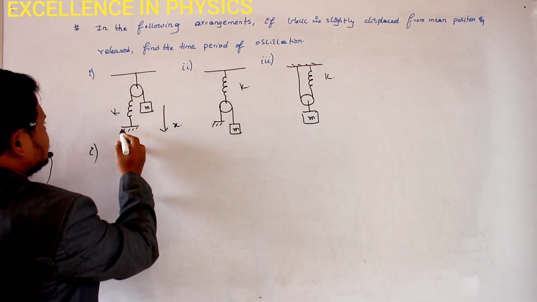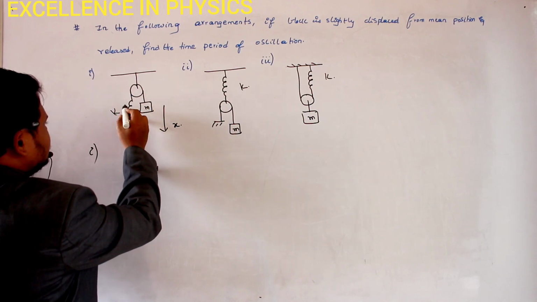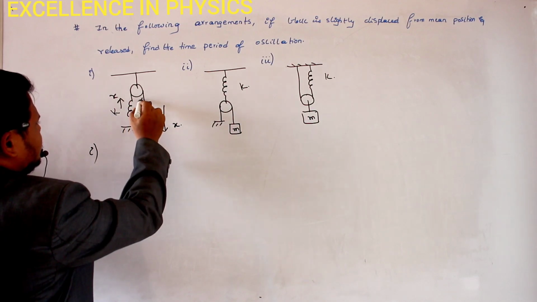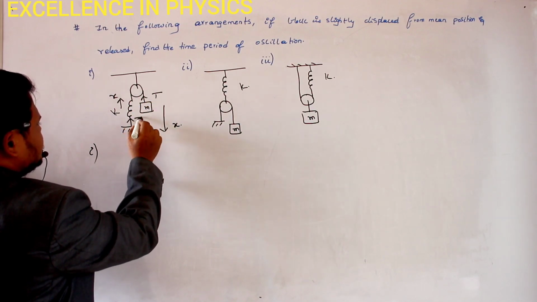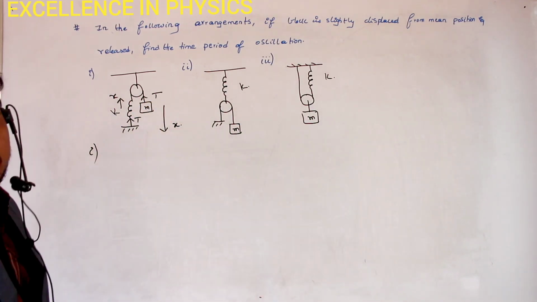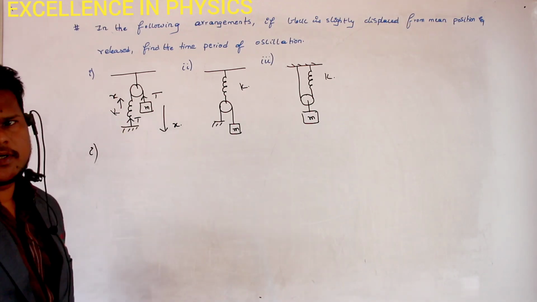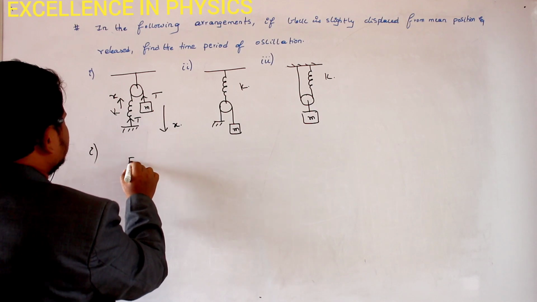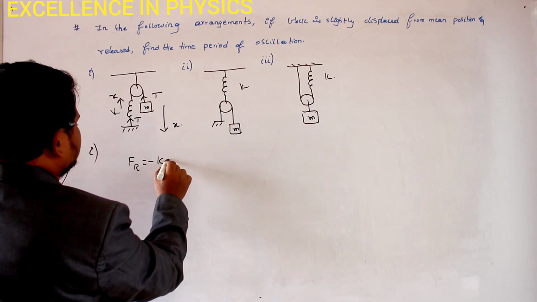Let us assume this block comes down by a distance of x. Because this is a single string, I can say that this spring also will be elongated by x only. And if the tension here is T, here also the tension will be T only. Clear? Because it is the same string which is connected. So what can I write? The restoring force is equal to minus k into x.